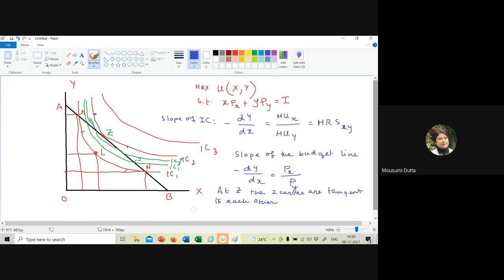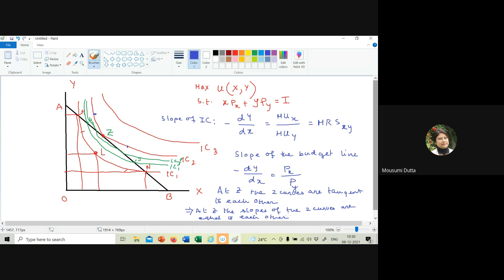This implies that at Z, the slopes of the two curves are equal to each other.